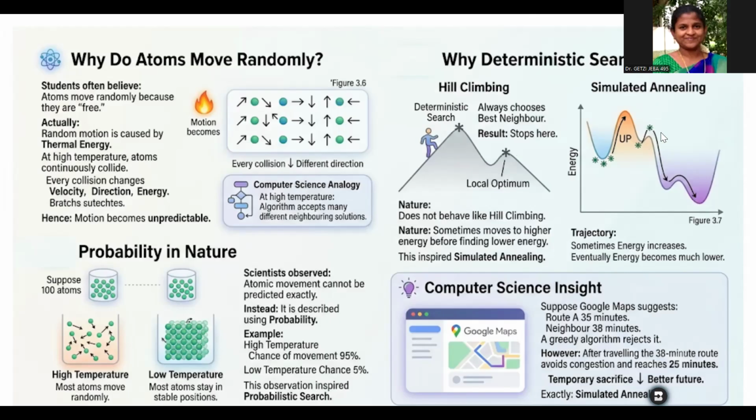It measures the probability of success in every region, and once the probability of success is highest, that is accepted as the answer. Atomic movement cannot be predicted exactly, so you define it using probability. So simulated annealing uses a probability-based search.